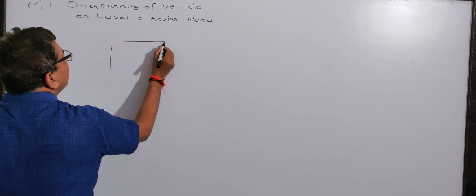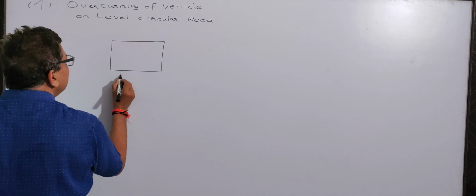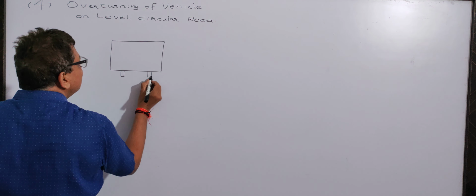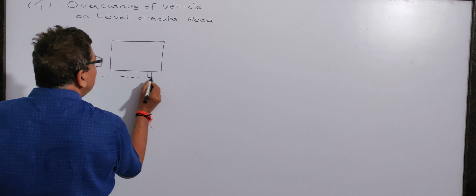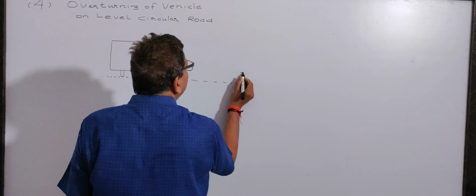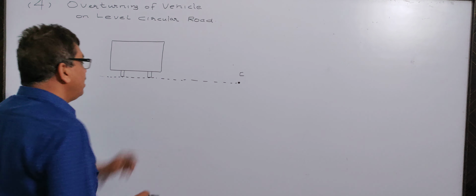Now we will observe here. Let us take this represents the vehicle and the center of gravity. This represents the ground, and let us take the center of the circular track is somewhere here. This way the vehicle is moving on the circular track, the center is on the right hand side.